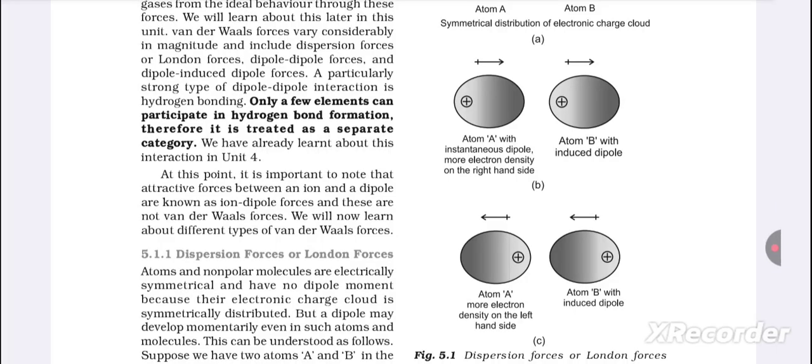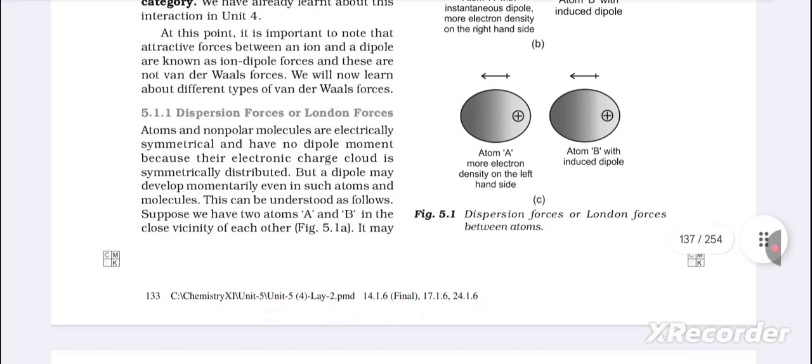We will now learn about different types of van der Waals forces: dispersion forces or London forces. Atoms and non-polar molecules are electrically symmetrical and have no dipole moment because their electronic charge cloud is symmetrically distributed, but a dipole may develop momentarily even in such atoms and molecules. This can be understood as follows.